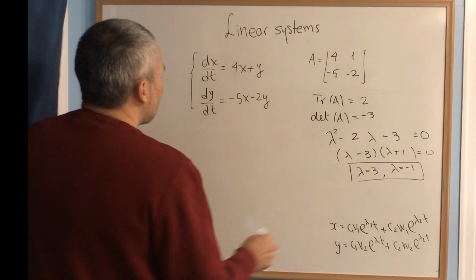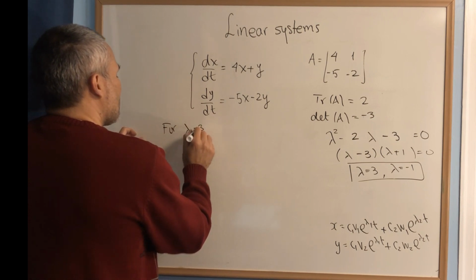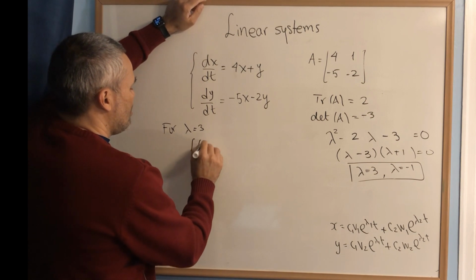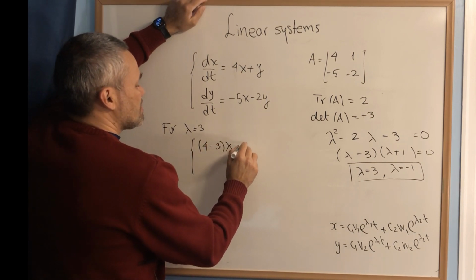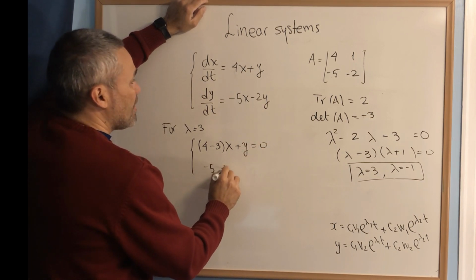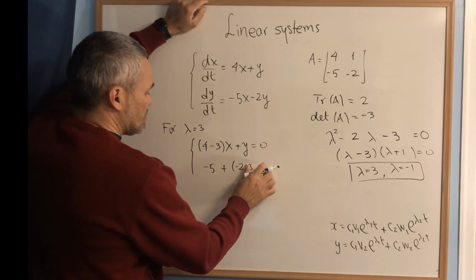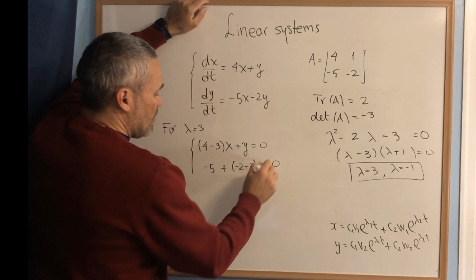Let's find the eigenvector for lambda equal 3. For lambda equal 3, the eigenvector comes from the matrix A minus 3: (4 minus 3) times x plus y equals 0, and -5x plus (-2 minus 3) times y equals 0.